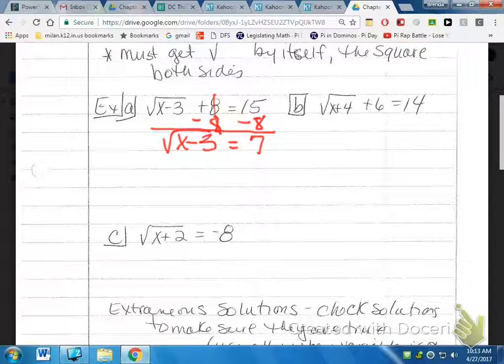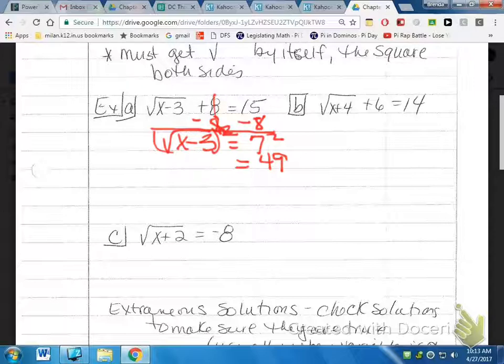To undo the radical, you square both sides. When I square the right, I just simply get 49. But when I square the left, the square root and squaring are complete inverse operations, complete opposites.